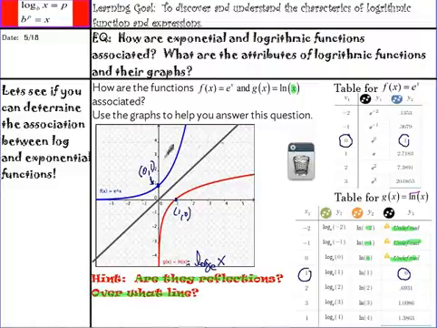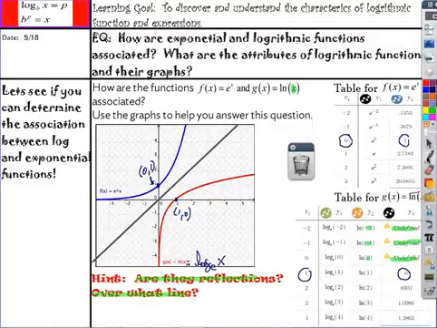So that confirms that (0, 1) is on the graph of e to the x, and (1, 0) is on the graph of the natural log of x. Okay, so they are reflections of each other over the line y is equal to x.